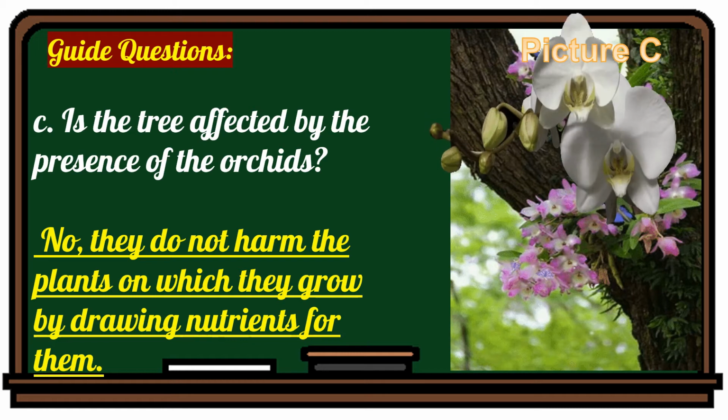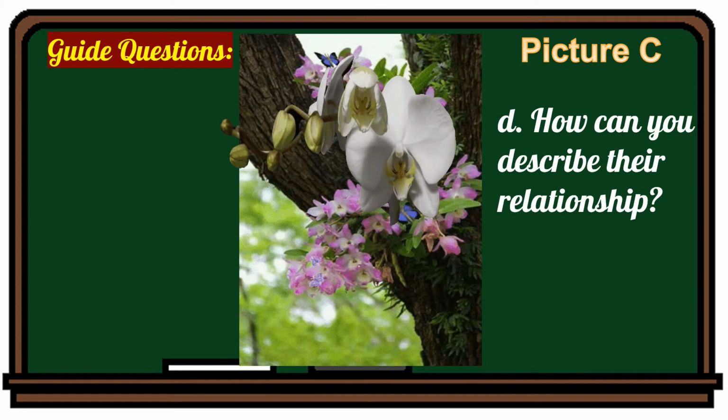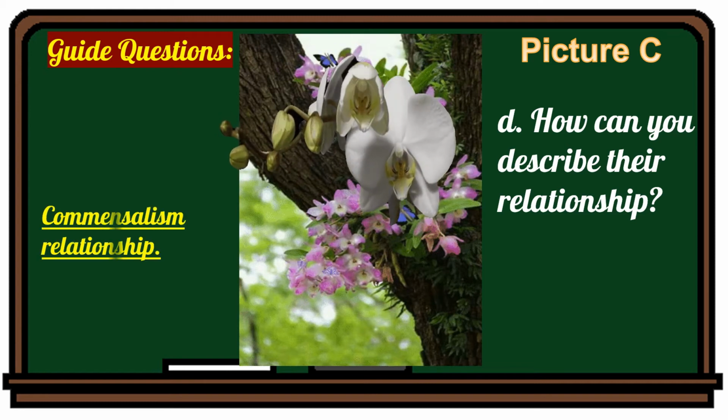No, they do not harm the plants on which they grow by drawing nutrients from them. For letter D question, how can you describe their relationship? When one species benefits while the other one is not harmed nor affected, the interaction or the relationship is called commensalism relationship.